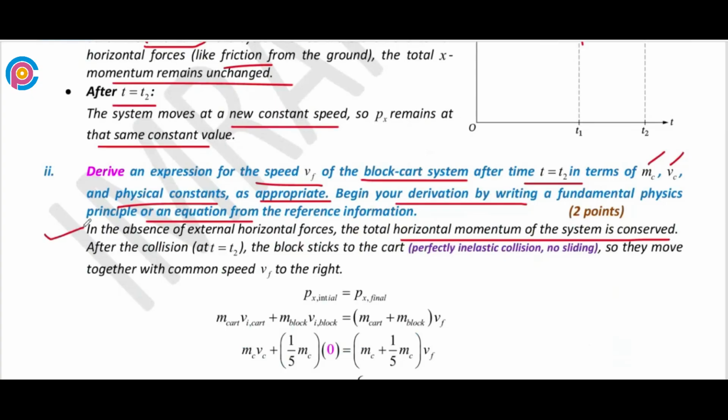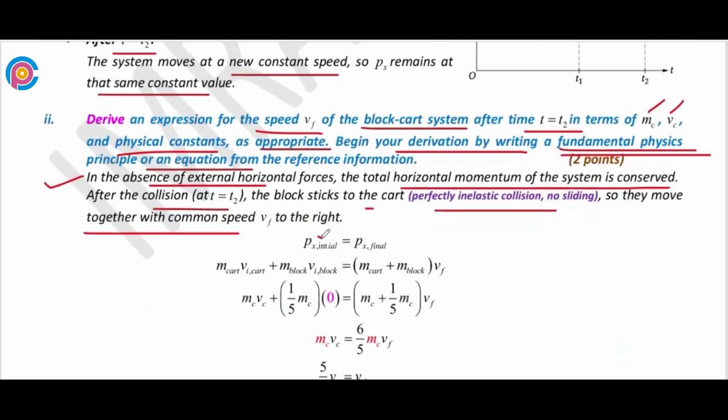This is the law of conservation of momentum. After the collision at t equal to t2, the block sticks, a perfectly inelastic collision with no sliding, so they move together with a common speed vf. So the final momentum should equal the initial momentum.